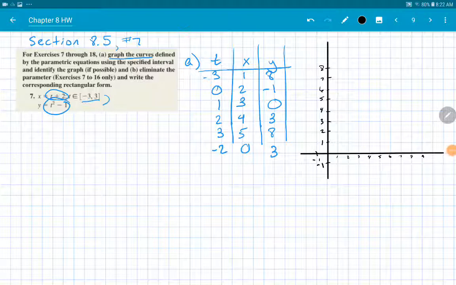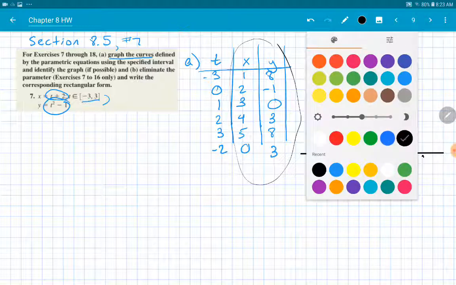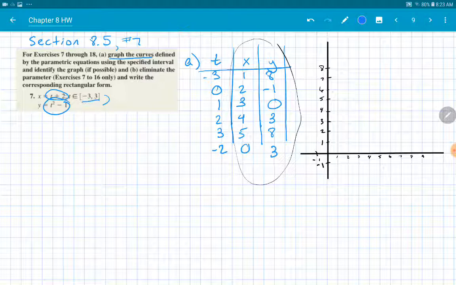Okay, so I made myself a graph here. You see most of my numbers are positive looking at these 2 columns, so I only need to go to -1 in the y column and up to 8 in the y column, and 0 to 5 in the x. So I made a grid to match those numbers. So let's do 1 point at a time. Oh, you know what?